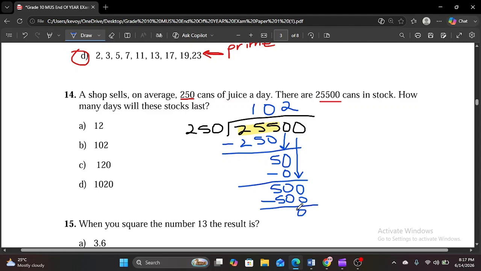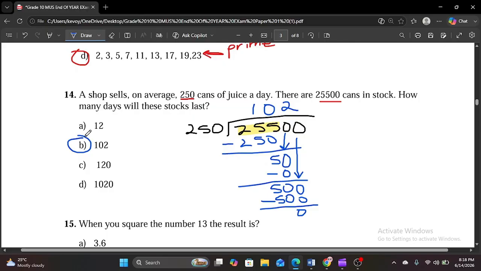All right. So therefore, your answer is going to be equal to 102. So how many days will these stocks last? Because it says this amount per day divided, it's going to last 102 days. All right. So that's it.